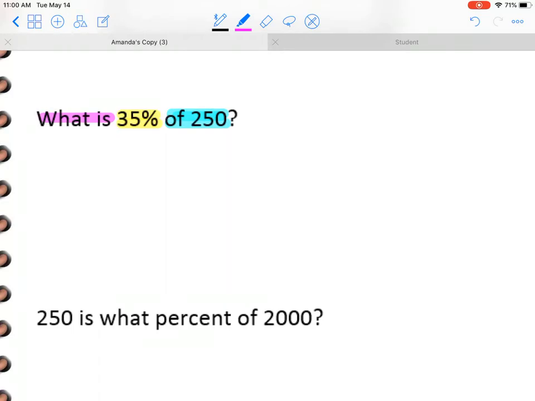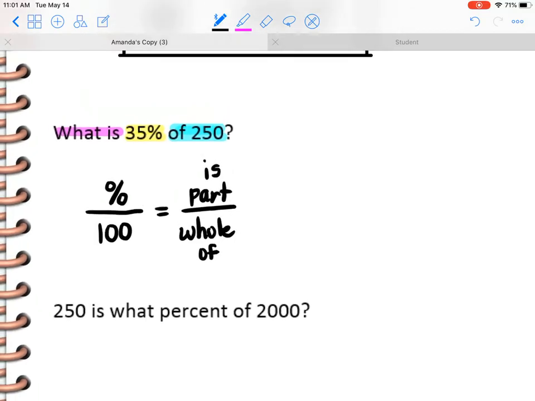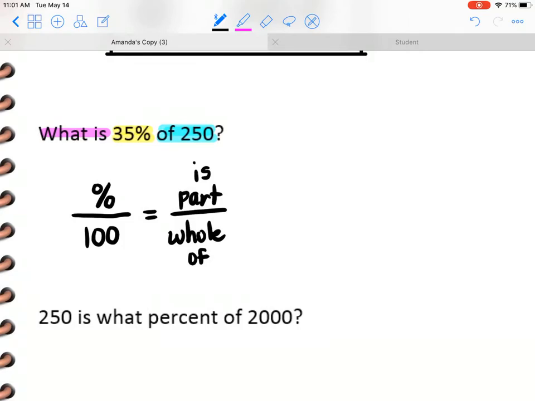Okay, so as soon as I see that percent sign, I know that I can set up my proportion. And remember, the proportion that I memorized looks like this. And I told you that sometimes this is the is and sometimes this is the of. So that's the proportion, the recipe that I need to solve.